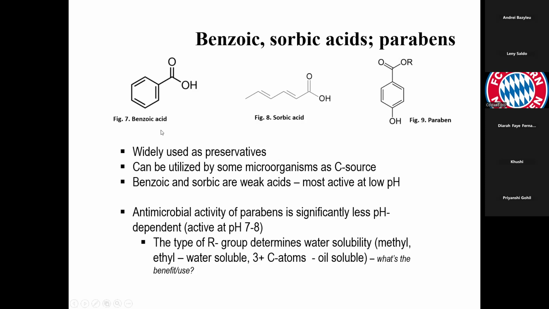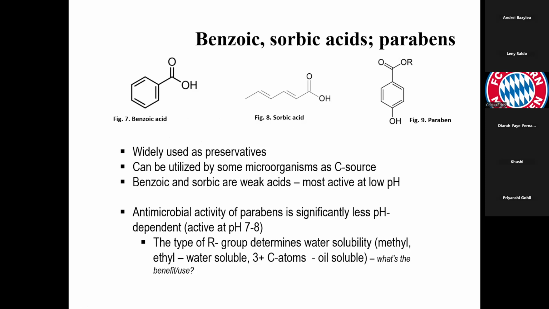Traditionally, benzoic acid and sorbic acid were employed as preservatives widely before parabens came into the picture. However, benzoic acid and sorbic acid are not very good preservatives because they can be utilized by some microorganisms as a carbon source. So in other words, they can be utilized as food.